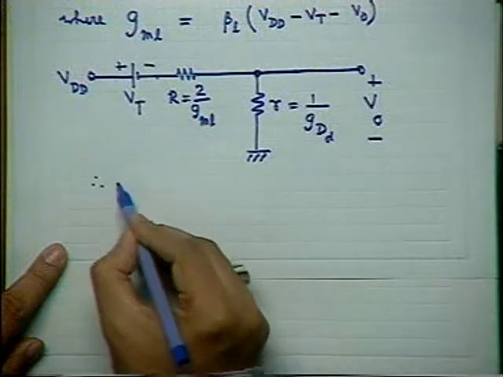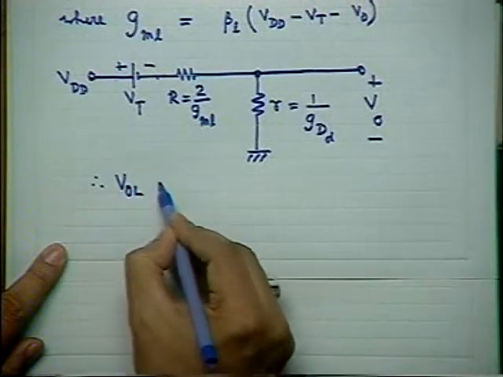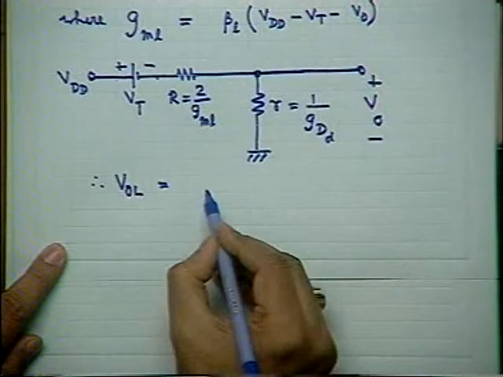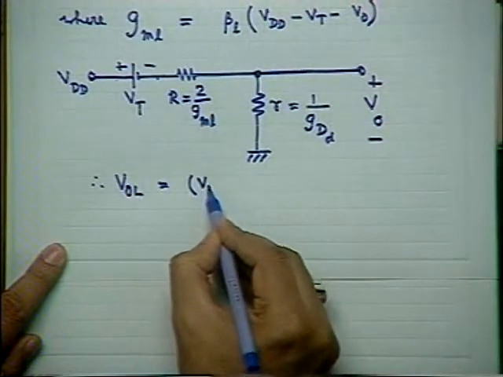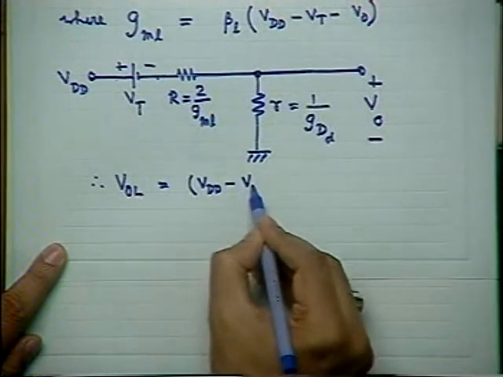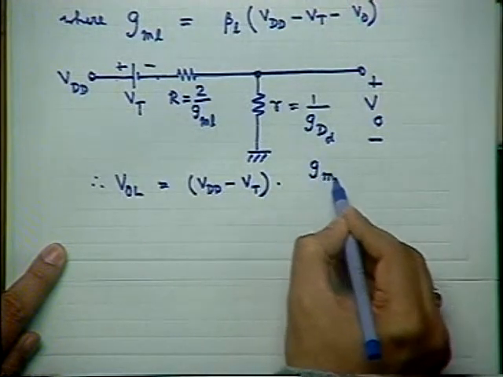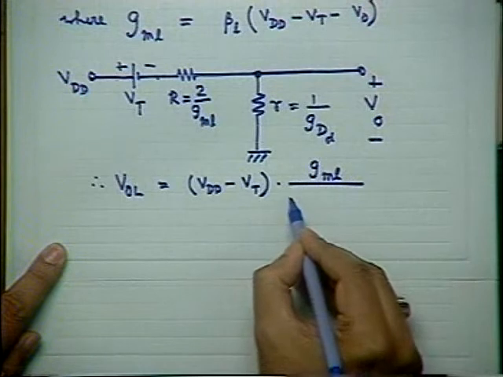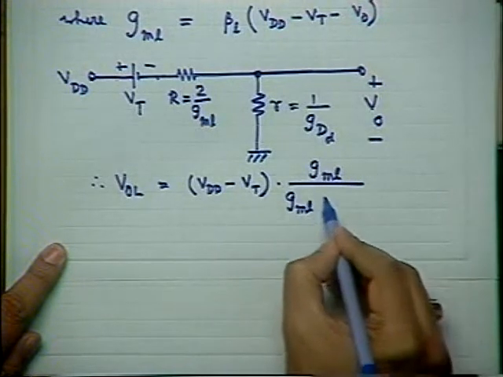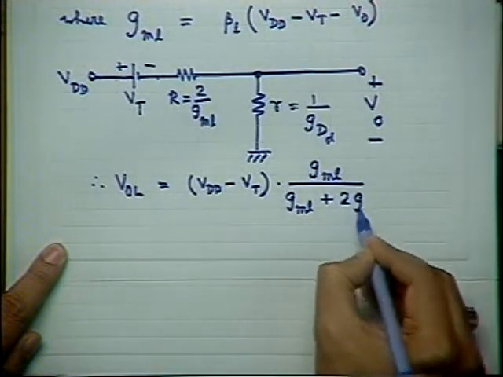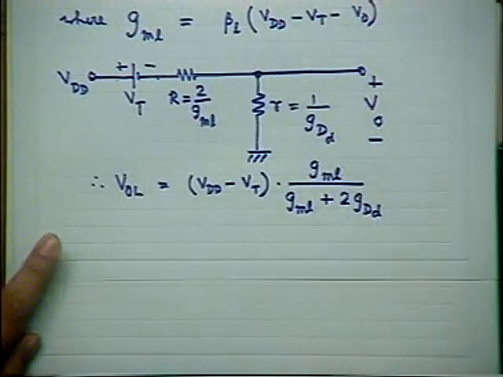Now using this I can obtain a value of VOL. What is VOL? VOL from this equation can be easily obtained as (VDD minus VT) into GML divided by (GML plus twice GDD).